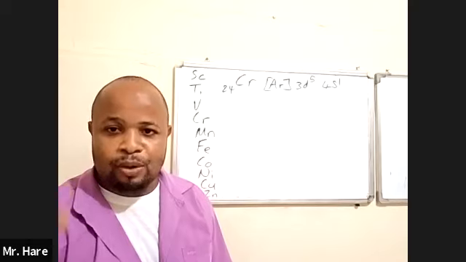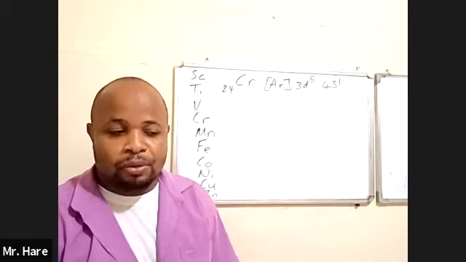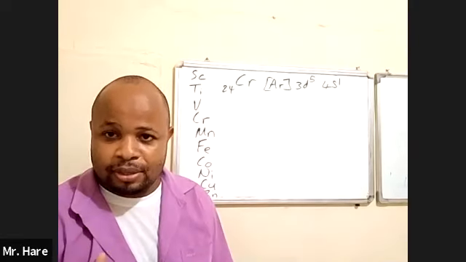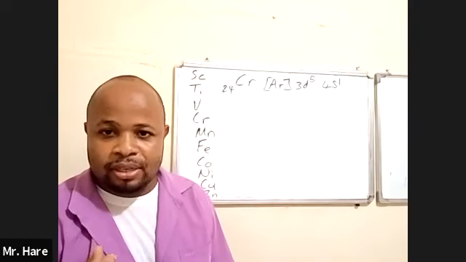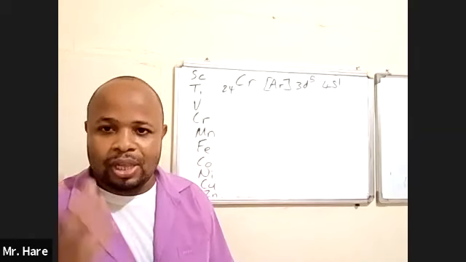The ligand is the compound or ion with the lone pair. It binds with the transition metal to give what we call a complex ion. That complex ion is colored because it absorbs light.